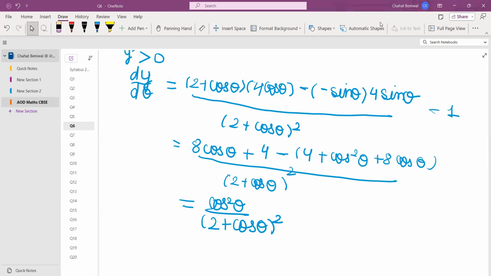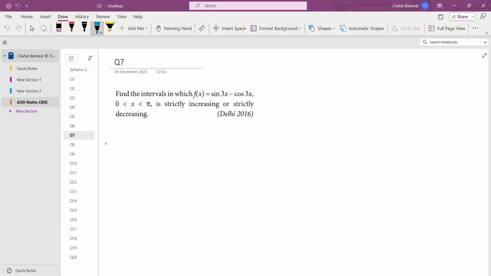So I've solved this derivative and I can see that this derivative is always positive, because it's the square of something. Since it is positive, we can clearly say that the function is increasing in the given interval. Okay, so moving on to the next question.